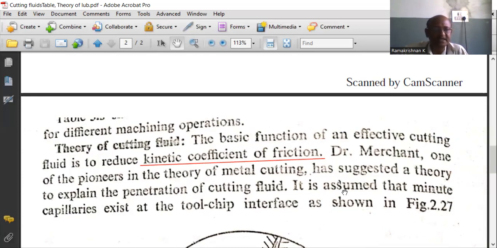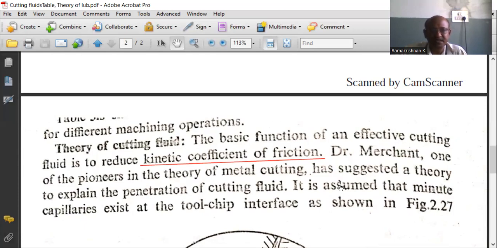In this theory he explained how the cutting fluid is penetrated, thereby reducing the friction. As per his theory, a large number of small capillaries exist at the tool chip interface.